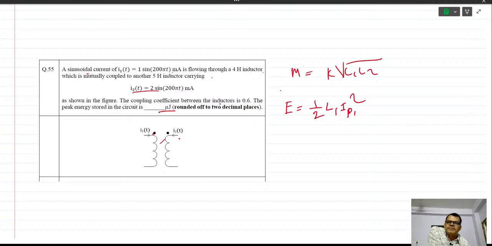Whenever you are taking half, it is because the peak value is the 1 here, so that's why we are dividing by half. Then second coil, half L2 IP2 square.